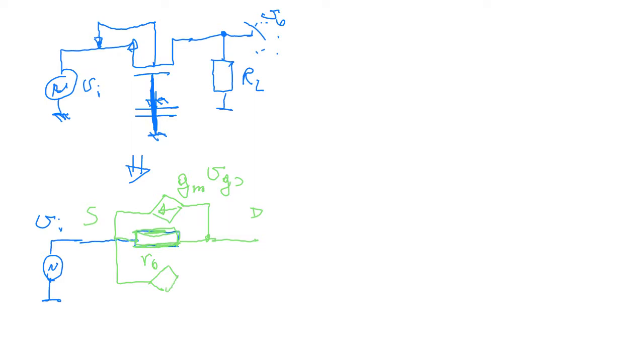Okay, and then we also have the bulk transconductance, which is GMB multiplied by VBS.